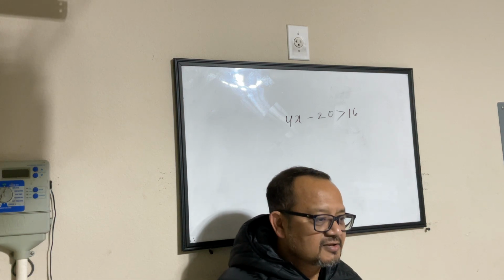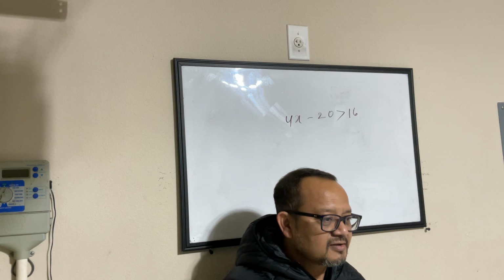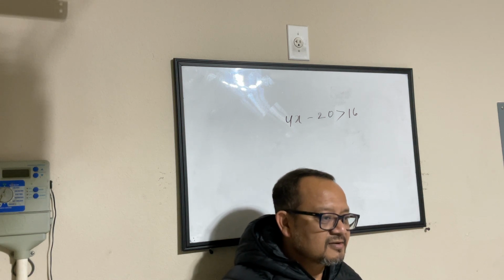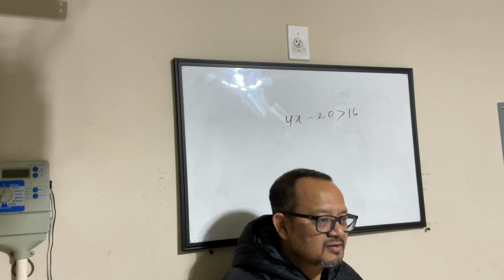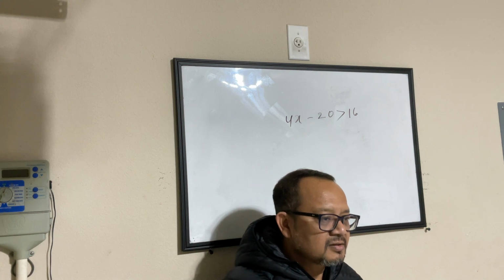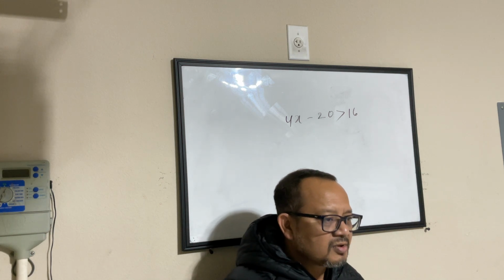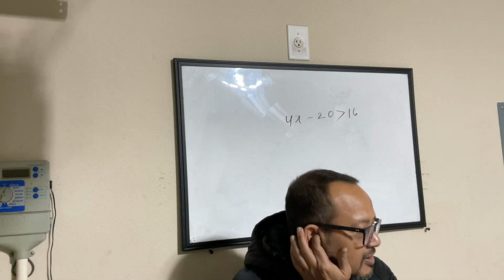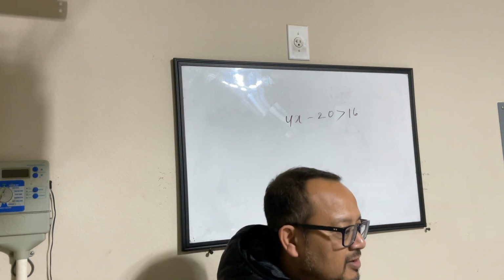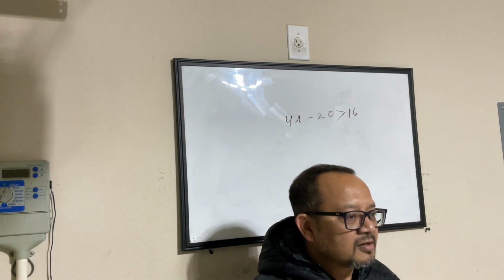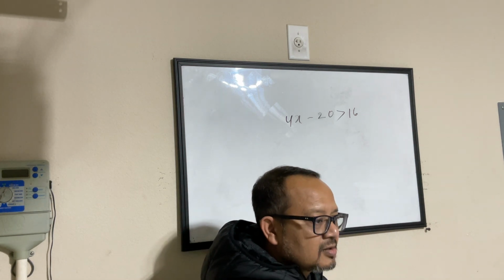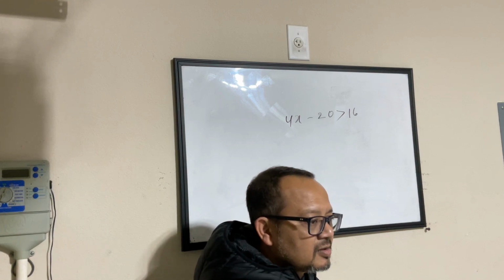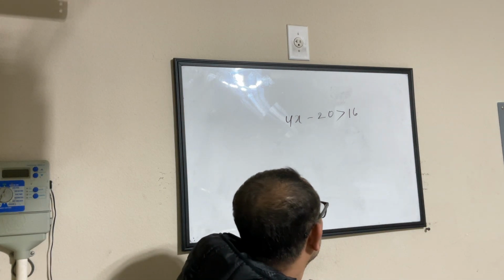Yes, Gitesh. Can you start with division instead of doing addition first? Like in the equation, when you solve it, you can move the 20 to the other side and then do 36, or you can divide by 4 on one side and do that to the other.